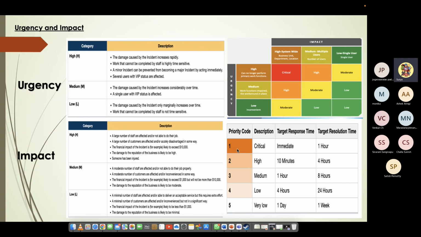We hardly get one or two P1s in a week and 3 to 4 P2s a day. But for P3, P4 and P5, we will get more than 500 a day. So that is the reason we have different processes for the different practices here.